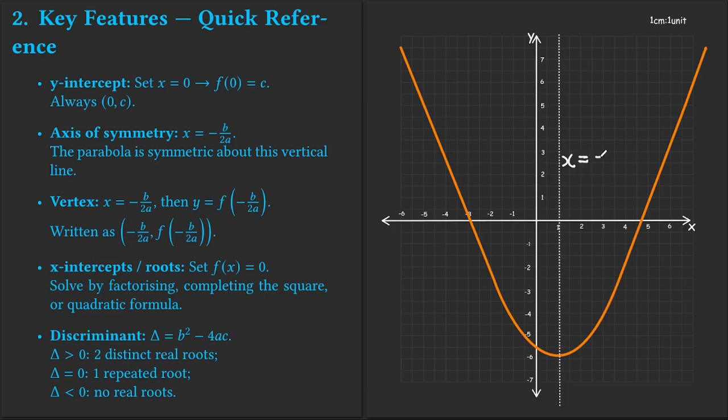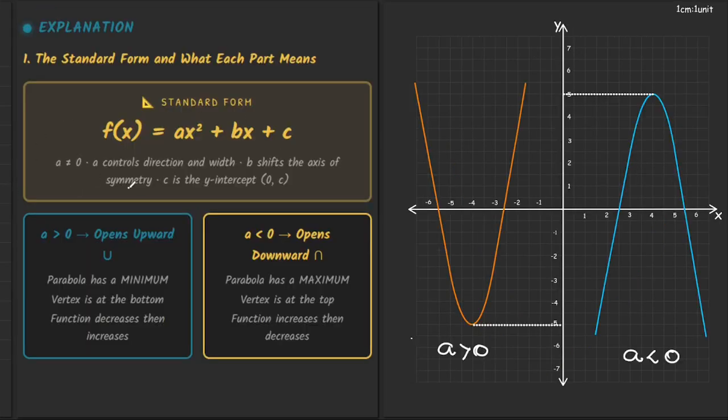equals negative b over 2a. Talking of x equals negative b over 2a, where do we get it from? Remember the function, that is the quadratic function, f of x equals ax squared plus bx plus c. This is where we are getting it from.